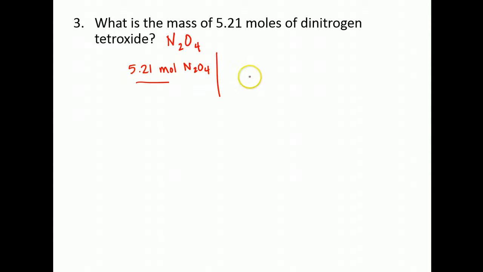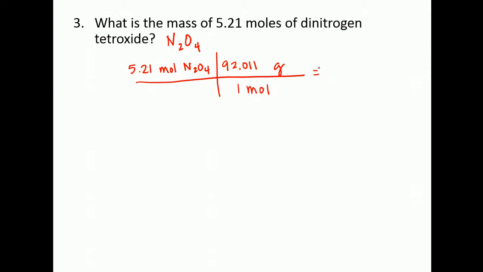We want to convert this to mass, which would be grams that we're looking for. So I need 1 mole on the bottom. And then I know I want to find grams. And for this one we need a molar mass, which again is determined from the periodic table. So 2 times 14.0067, the atomic mass for nitrogen, plus 4 times 15.9994, the atomic mass for oxygen, gives us a molar mass of 92.011 grams.